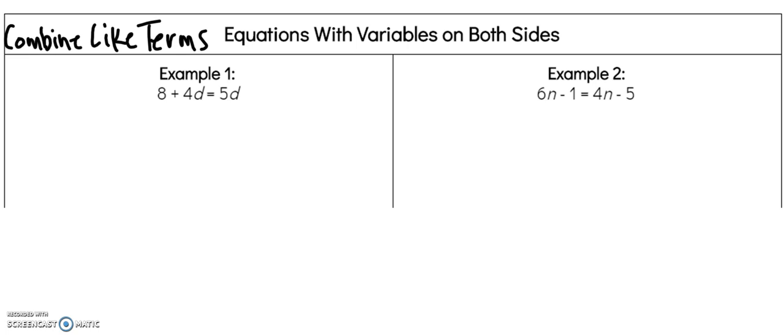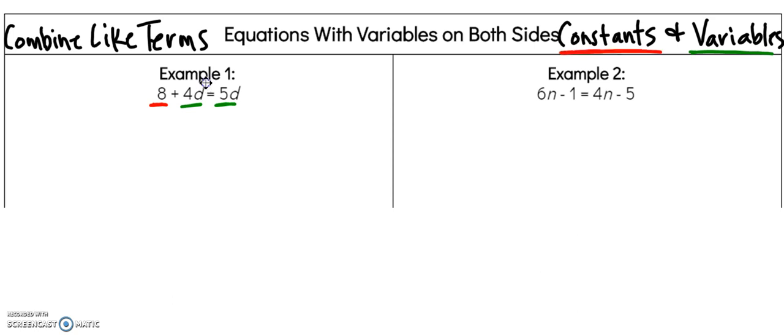So there's two types of terms that can go together. We have constants and we have numbers with variables. So in example 1, 8 is a constant because it's just a number, and 4D and 5D are numbers with variables.